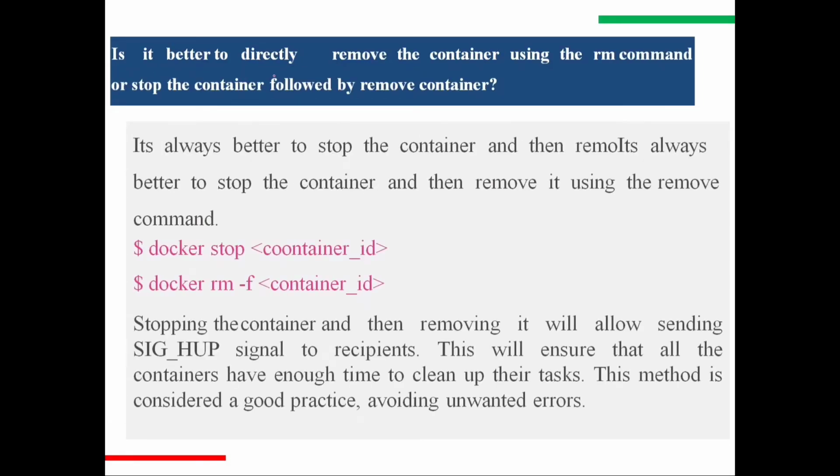Is it better to directly remove the container using the rm command, or stop the container followed by remove container? This is an important question. It is always better to stop the container and then remove it using the remove command.